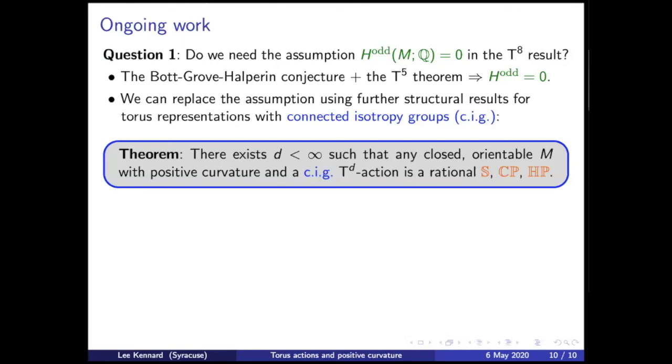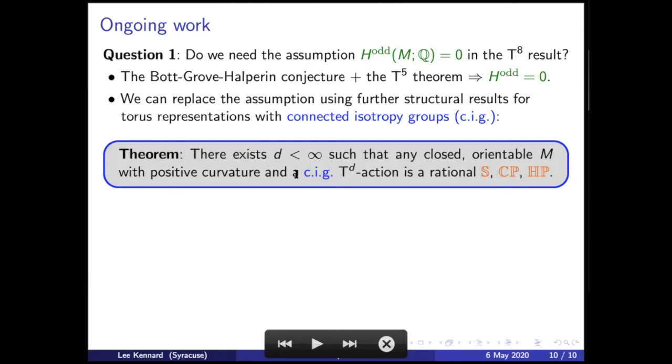On the other hand, some ongoing work is related to this theorem. We've proved this, but we're trying to optimize the precise statement. What we do is forget about this green topological assumption and add this blue geometric assumption on the action. In other words, suppose you have a positively curved manifold with a torus action, and suppose that its isotropy groups are connected.